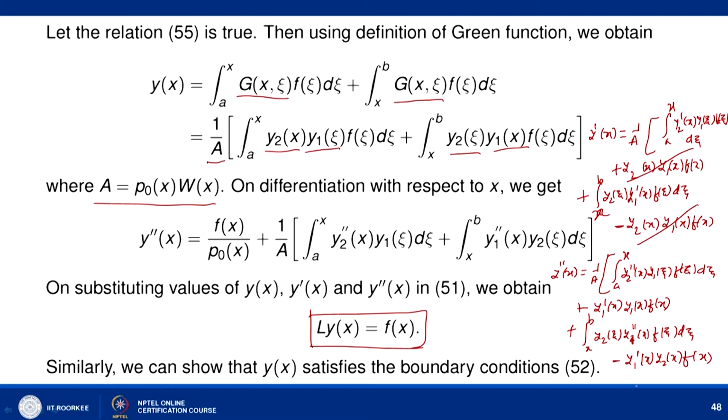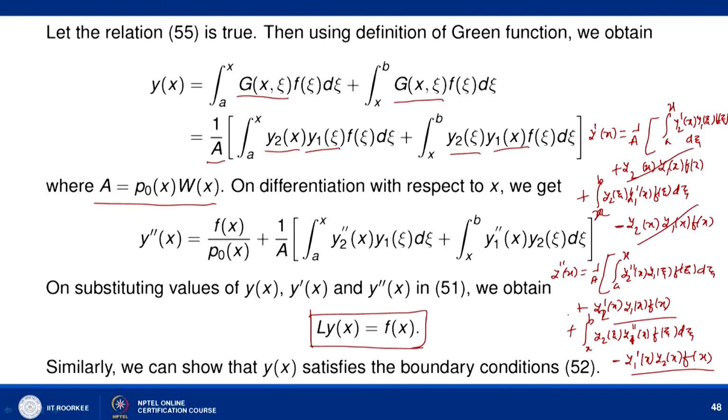Now, if you look at this quantity, this is y1 y2 dash minus y1 dash y2, times f(x), and that we can write as the Wronskian of y1 y2 times f(x).